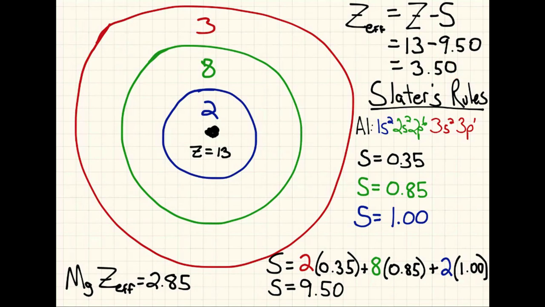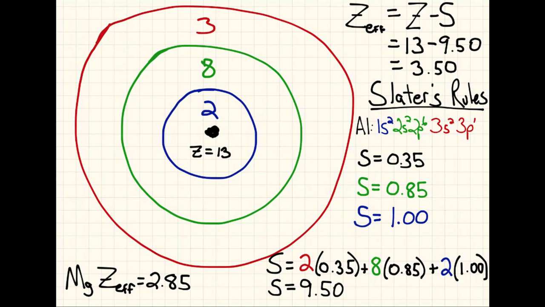We can use simple arguments like this in Slater's rules to rationalize the fact that these outermost electrons in aluminum must be more tightly bound to that atom because of all this shielding argument.